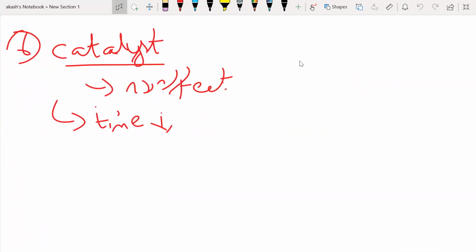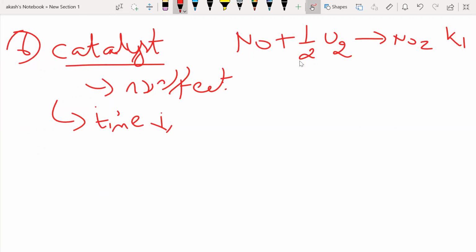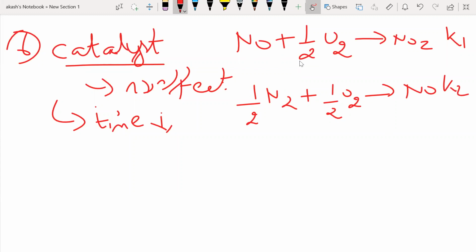So the first reaction is NO plus half O2 gives NO2. Say this is K1. The next reaction is half N2 plus half O2 gives NO. For this reaction, the equilibrium constant is K2.